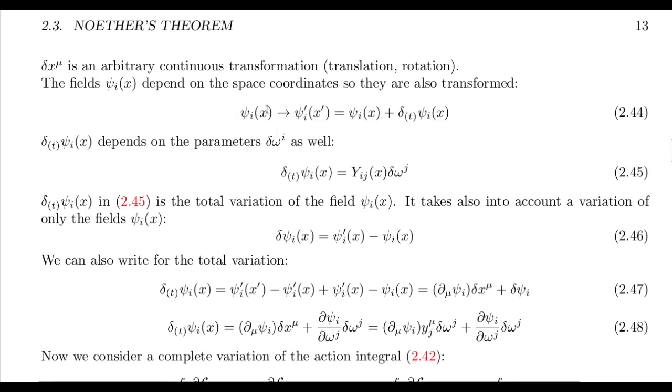Okay, then first we can write psi goes over to psi prime in the new coordinates. And this is simply written as the old psi plus the transformation. Then this delta psi, we can write that with the same parameters omega.